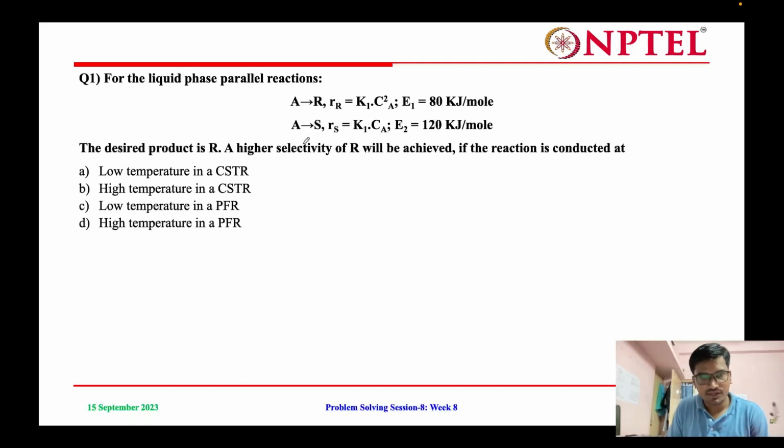The second reaction, A gives S, has its rate equation given and activation energy 120 kilojoule per mole. The desired product is R. Higher selectivity of R will be achieved if the reaction is conducted at: low temperature in CSTR, high temperature in CSTR, low temperature in PFR, or high temperature in PFR.